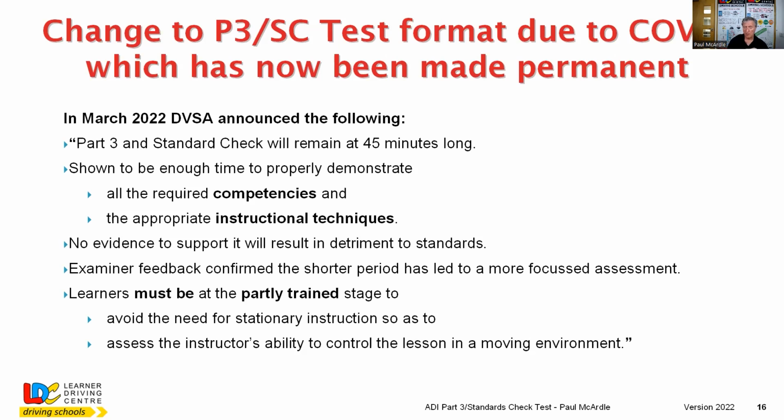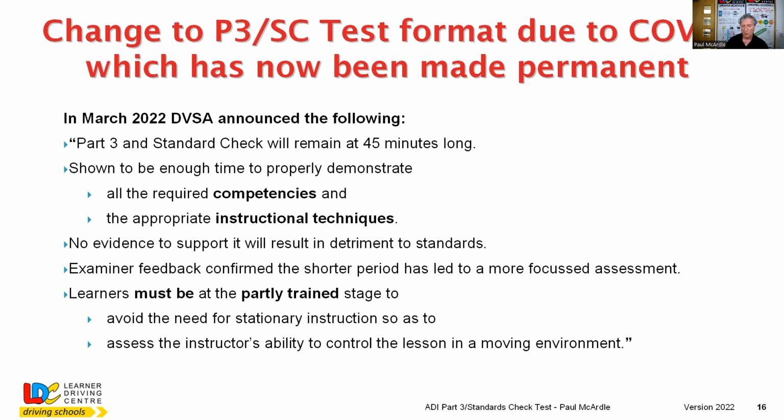This again is to minimize the amount of stationary instruction. Sitting still talking about a problem or doing a manoeuvre isn't a particularly risky thing to do. Whereas when you're on the move, when you're partly trained, you're in busier traffic, you're dealing with more complex road situations, or junctions and the like, then that's where the dangers exist.